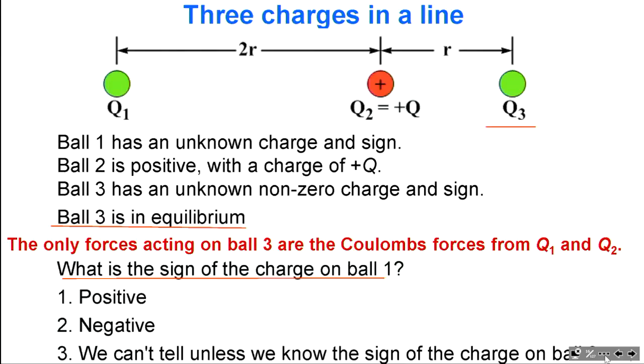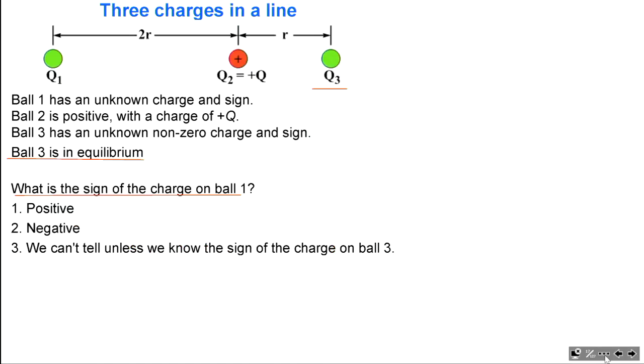What we know is that the red ball is positive. That's the first fact. And the second fact is the third ball on the right is in equilibrium. What does it mean in equilibrium? It means net force acting on this charge must be equal to 0.